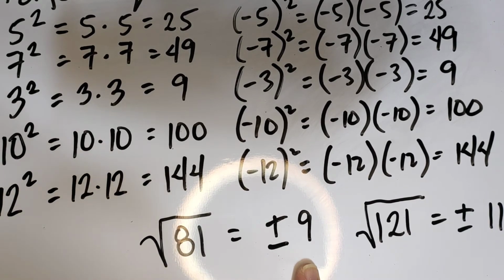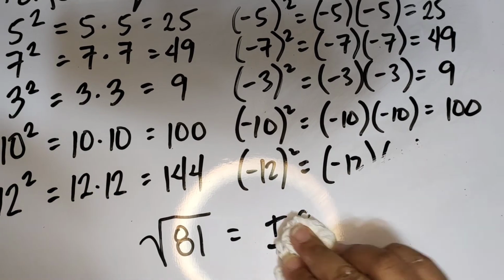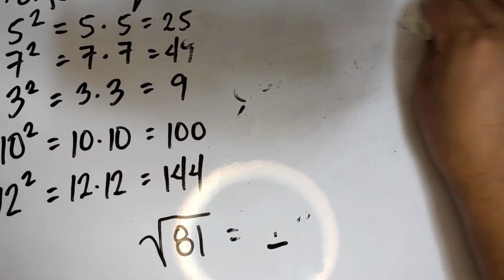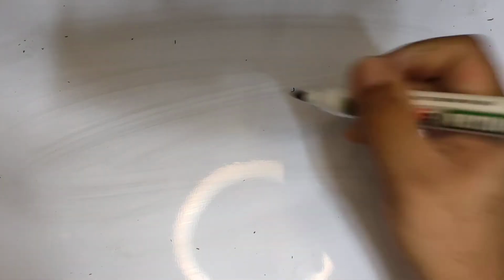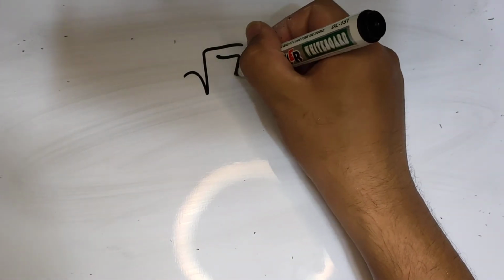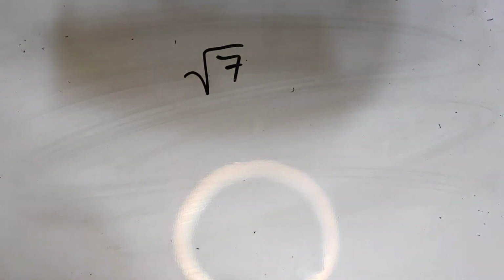Okay? So, what if meron tayong square root of 7? Ano ang square root ng 7? Square root of 7. So, perfect square ba yung 7? Ano ba yung mga perfect square natin?